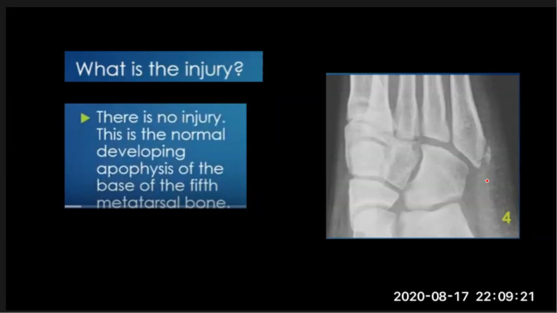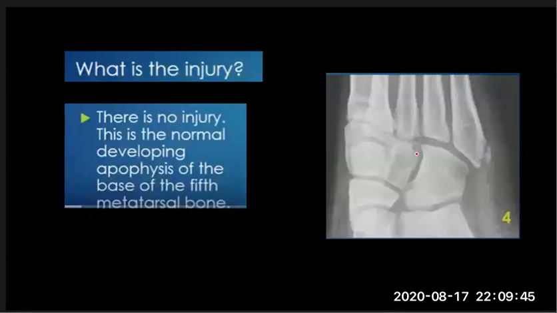You should differentiate it from an avulsion injury by the vertical line, because it is oriented in a vertical fashion. So this is a normal apophysis, and there is no injury.